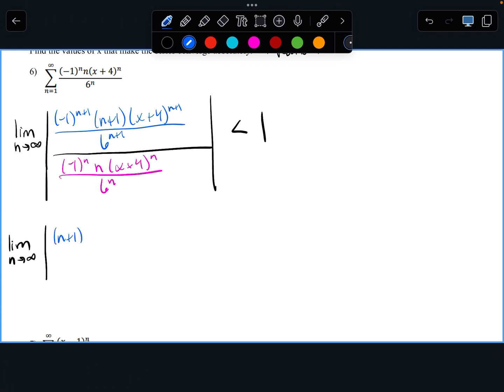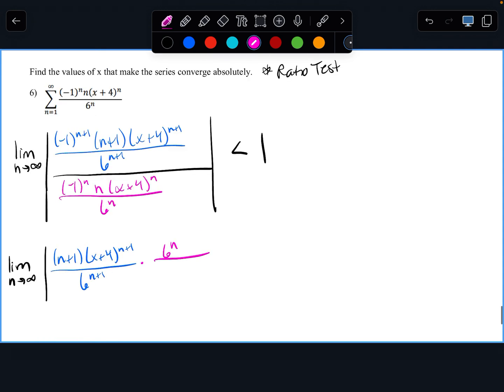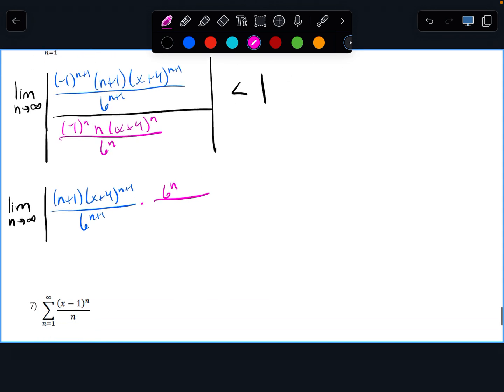So it ends up being n plus 1 and (x plus 4) to the n plus 1, all over 6 to the n plus 1, multiplied by the reciprocals. Essentially I just took out the negative piece of it, so it would be n times (x plus 4) to the n.